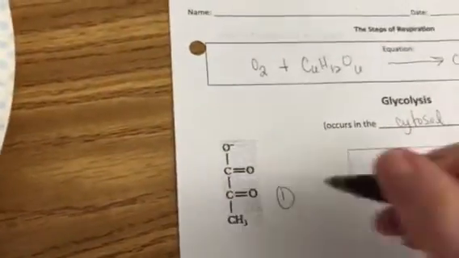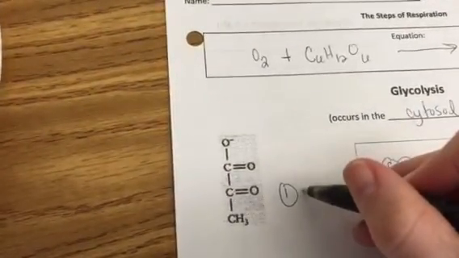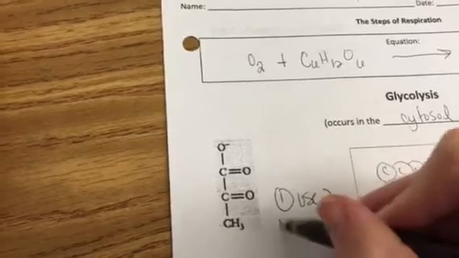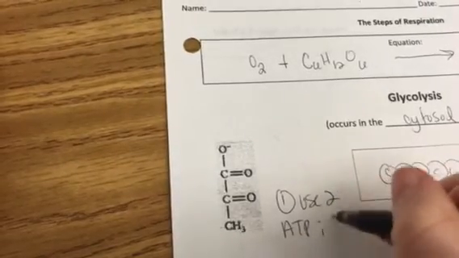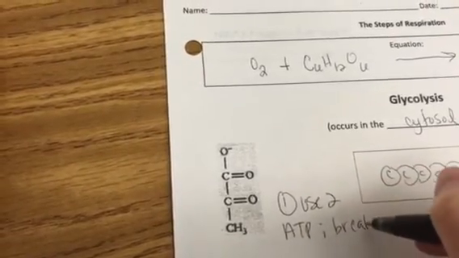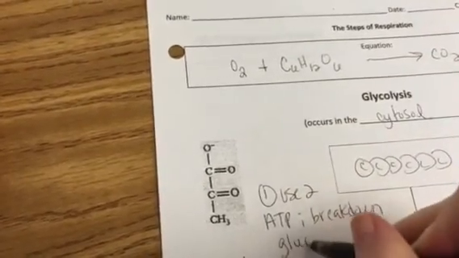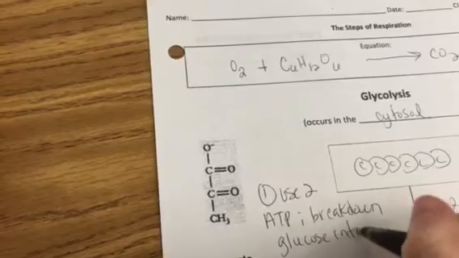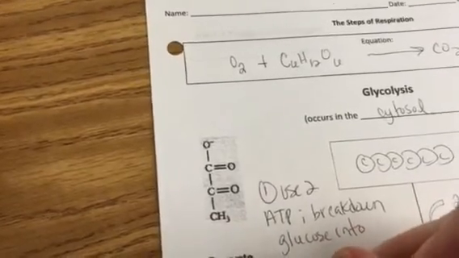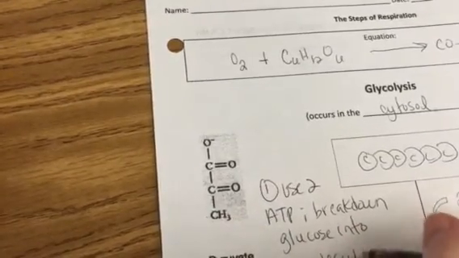Step 1. We use 2 ATP and we break down glucose into 2 molecules.